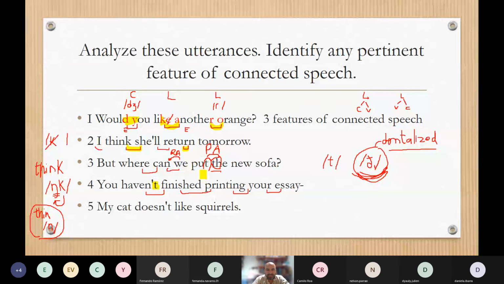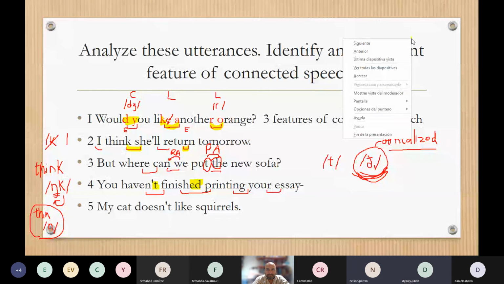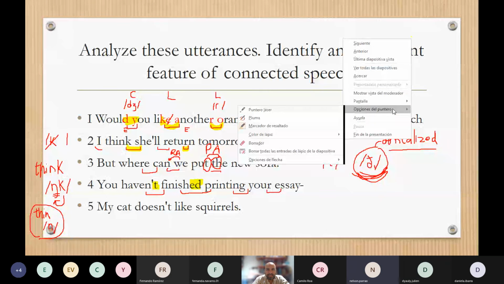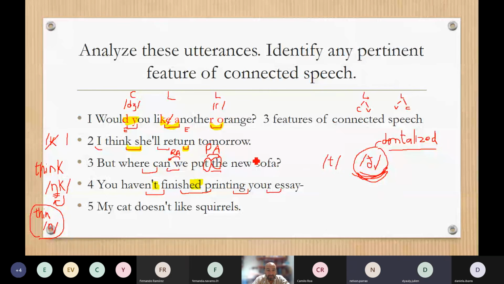What about the next case? Finished printing. Maybe the same happened because it's a t sound. Yes, we can talk about an elision here. That's one thing.